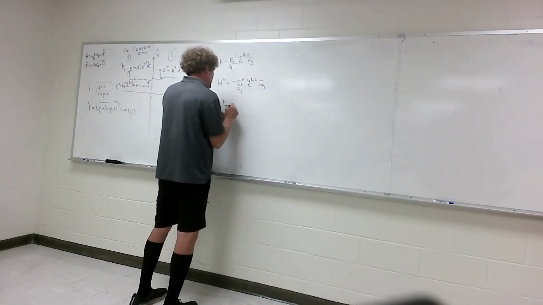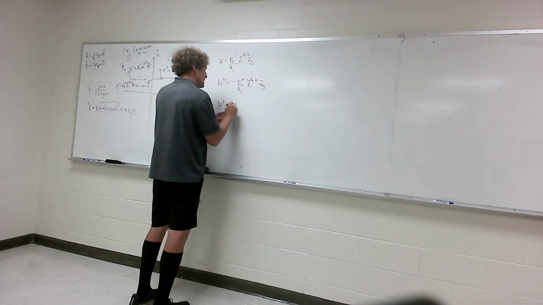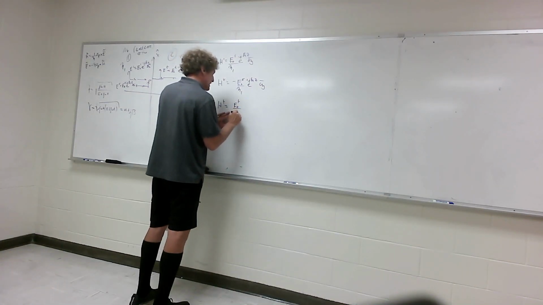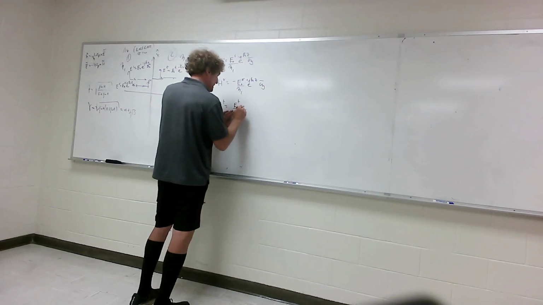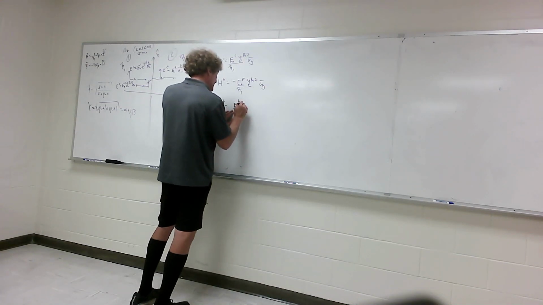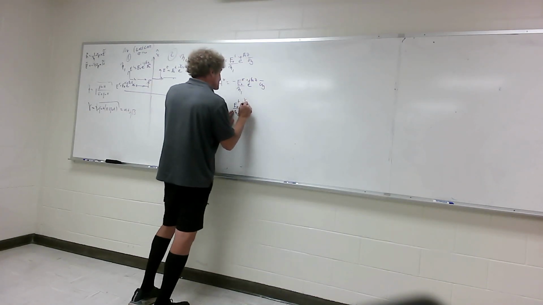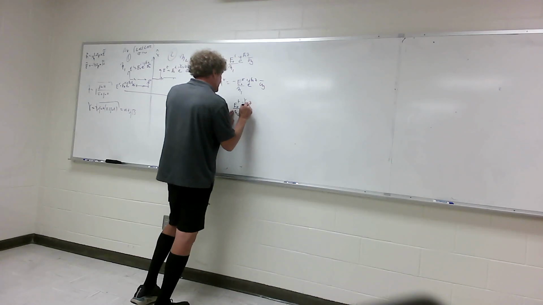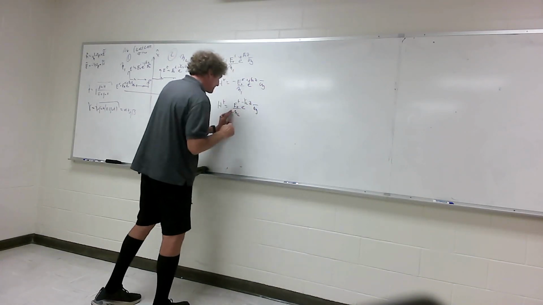So this is actually going to be E naught transmitted over eta 2, the e to the minus gamma in region 2 times z, and here it's going to be in the AY direction. I'll leave it like that.